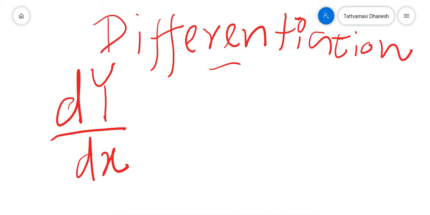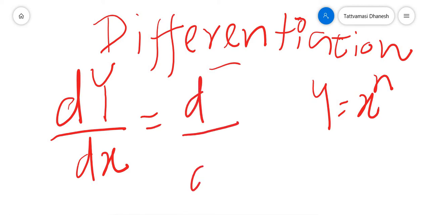Let's see, y is equal to x raised to n. This is the formula you need to understand first. What is the derivative of x raised to n? You can write it as d by dx of x raised to n.